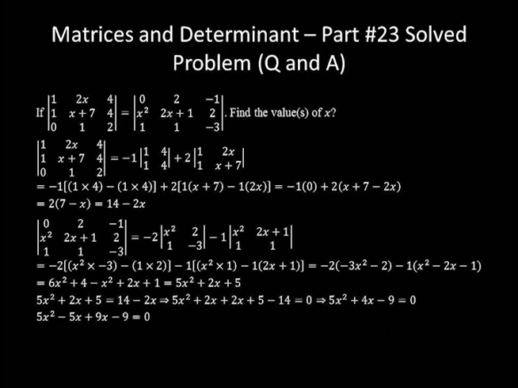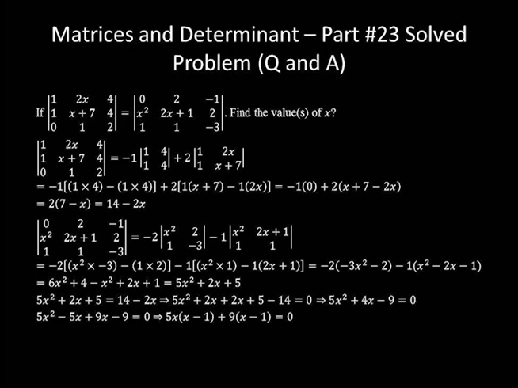The common factor for 5x squared minus 5x is 5x, times (5x squared divided by 5x gives us x, minus 5x divided by 5x gives us 1), plus the common factor for 9x minus 9 is 9, times (9x divided by 9 gives us x, minus 9 divided by 9 equal to 1), which is equal to 0. x minus 1 is a common factor for both expressions.